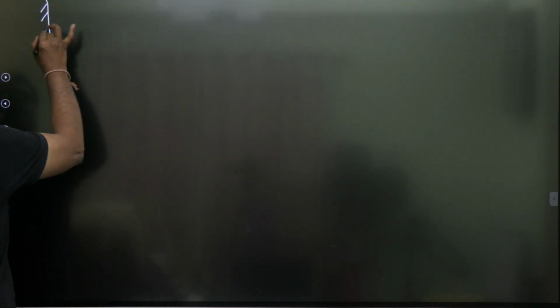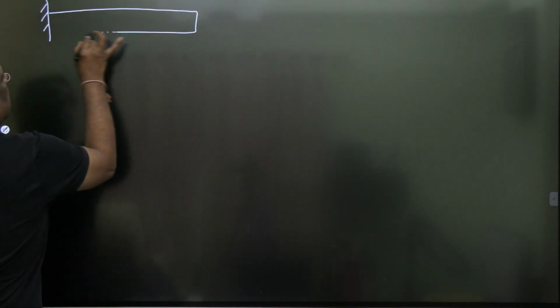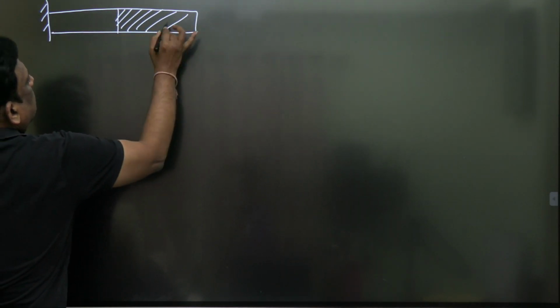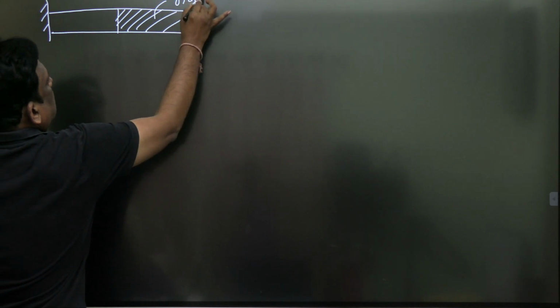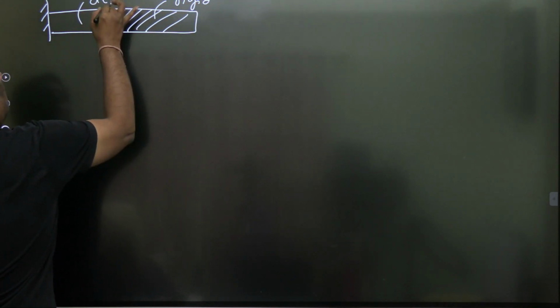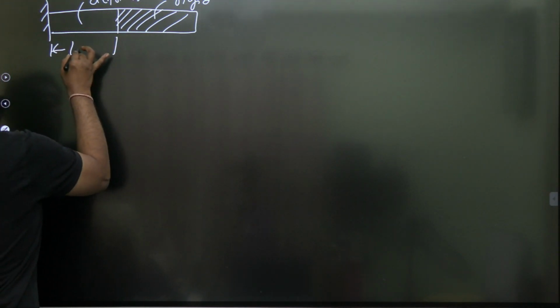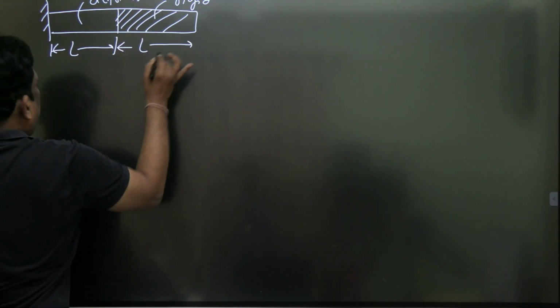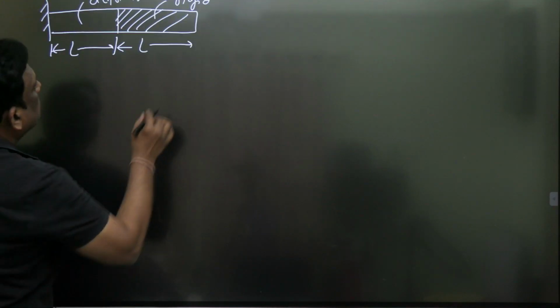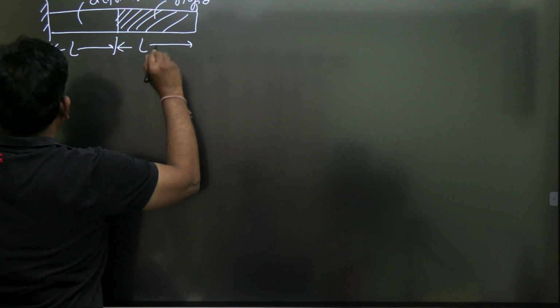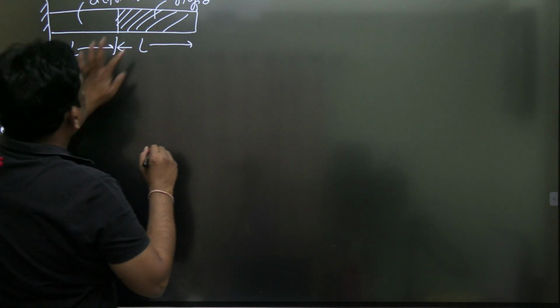Look, there is a member. This is rigid, and this is deformable. This length is L, this length is L, and there is a load P. There is no place here. One second please.